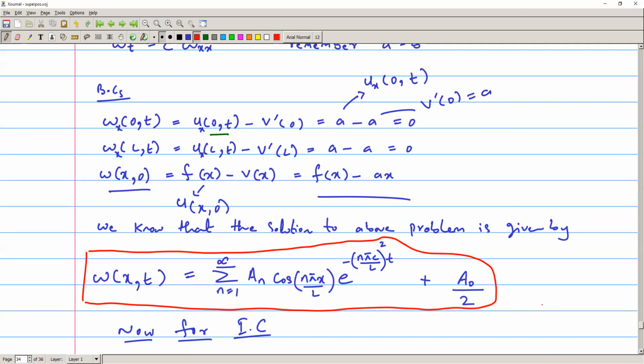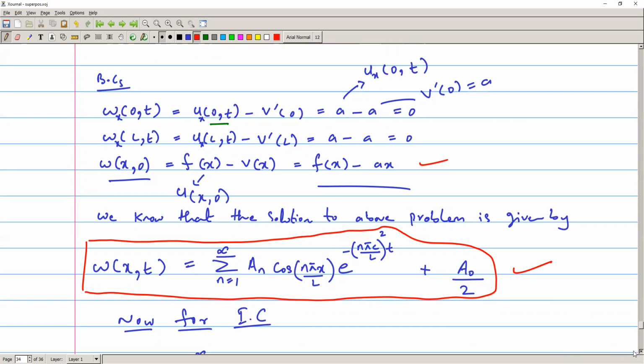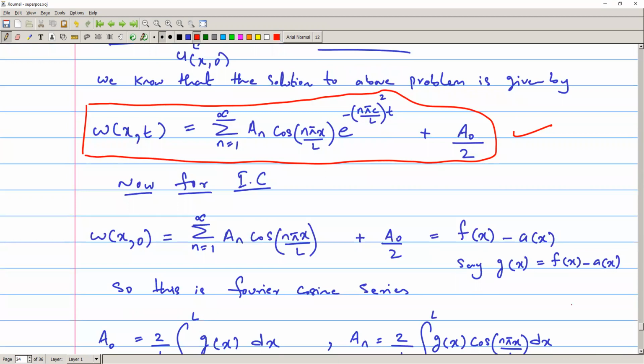So we can apply the initial condition for this problem. Here is our initial condition, that is f of x minus Ax. So we will apply here f of x minus Ax, and we can say that let f of x minus Ax be equal to g of x, right? To make things easier and simpler.